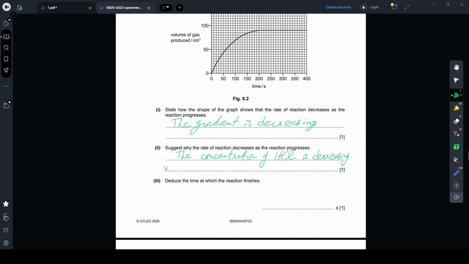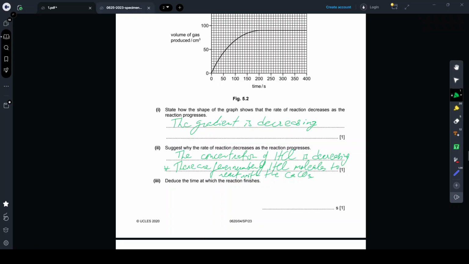Or you could also say that there are fewer HCl molecules to react with the calcium carbonate.